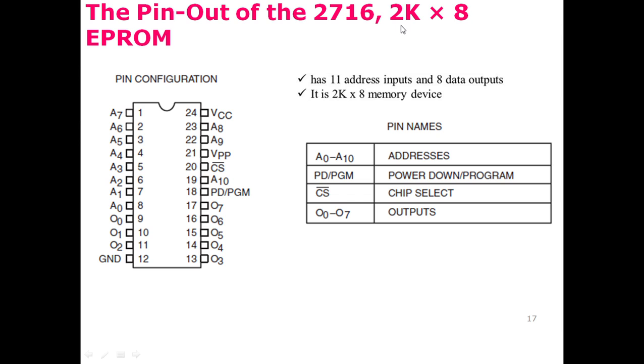The reason is that we have 2 kilo locations, so this number tells us the number of address pins, and this number tells us the number of output pins. So 2 kilo cross 8 means we need 11 address pins and 8 output pins. So this is the pin configuration of the 2716 EPROM, and the total memory capacity of this chip is 2 kilobyte.